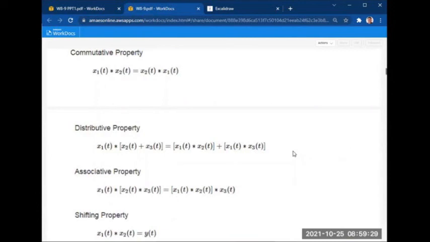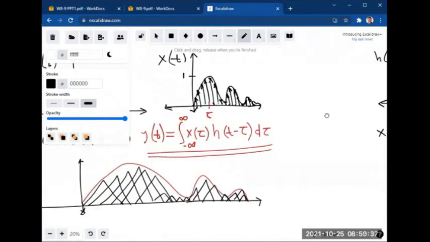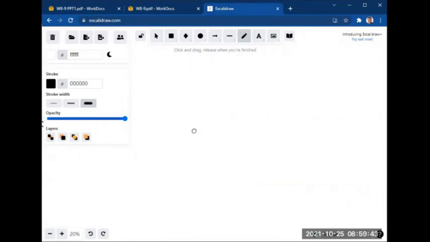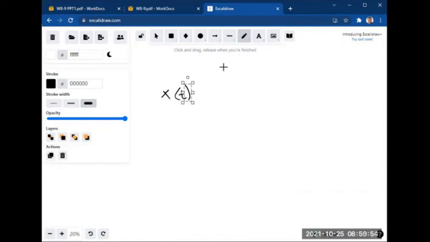This looks almost the same as our multiplication, but let me give you a better idea of why the distributive property applies to convolution. For example, we have here 2 impulse responses, h1 of t and h2 of t.